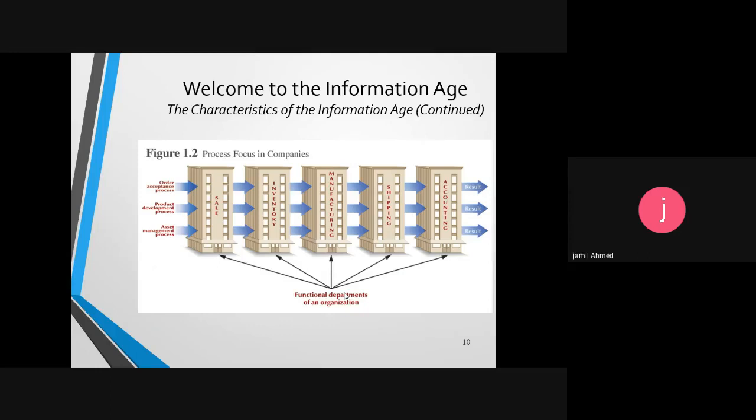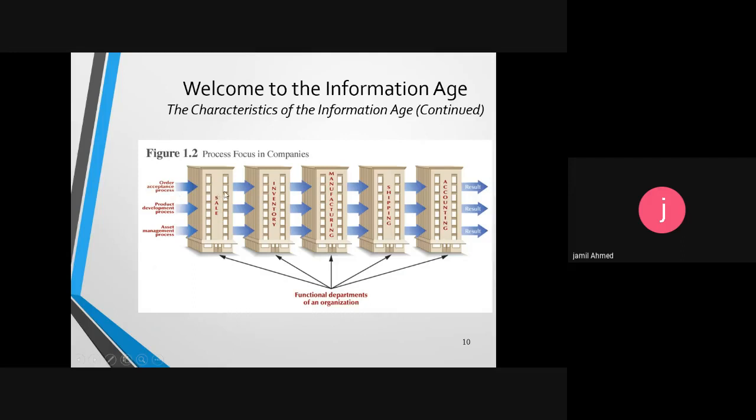Now, if we have the sales department, then the inventory department, then the manufacturing department, then the shipping department, and the accounting department, these are the functional departments. These are separate, but due to the involvement of information technology, they can work together.